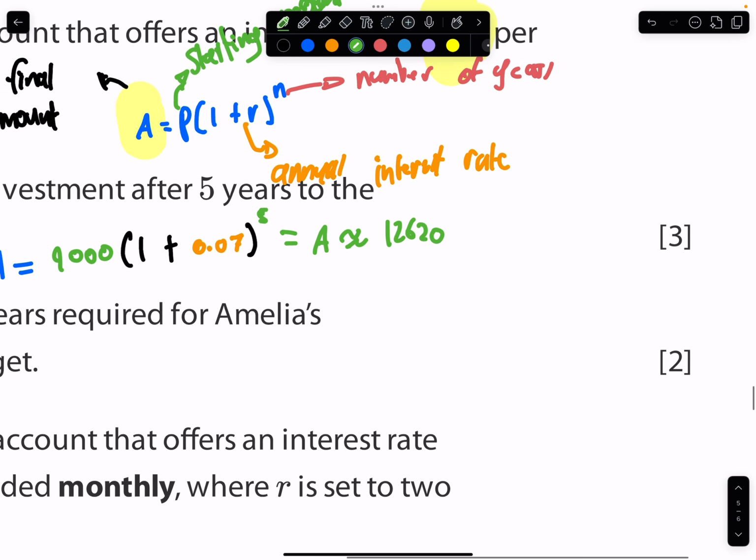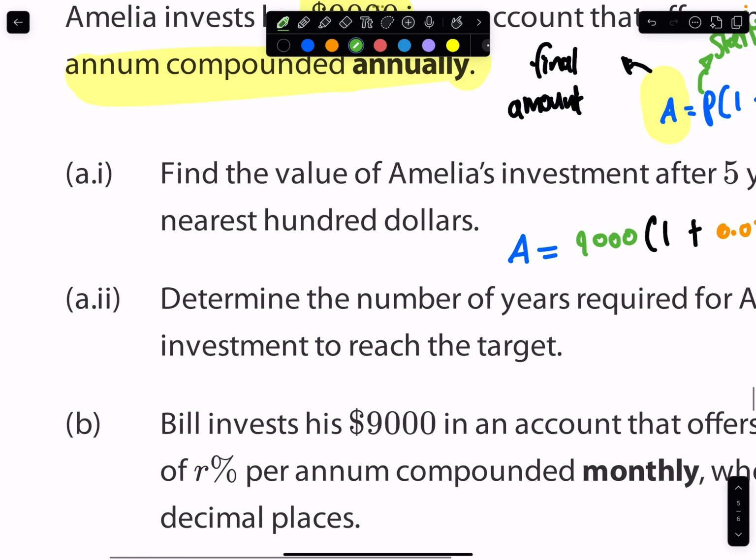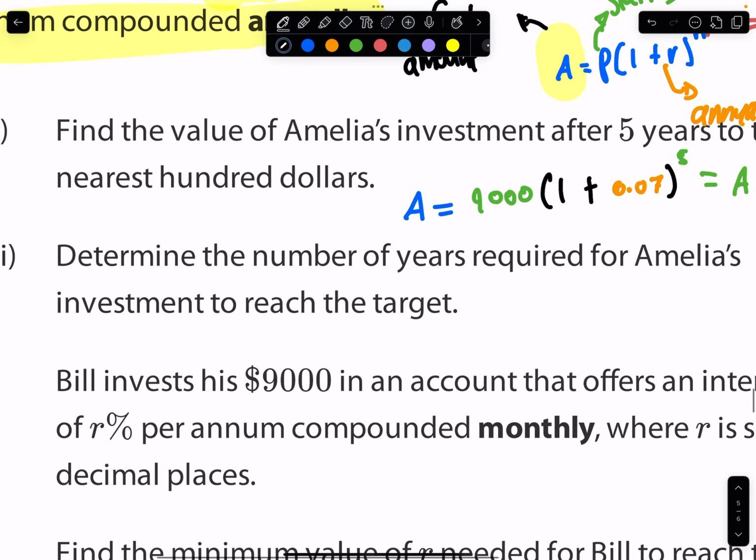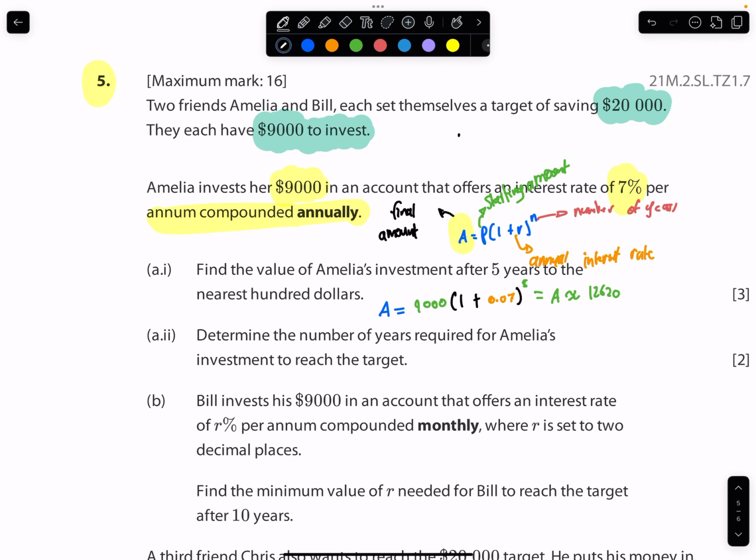Now, the second question for A, time to reach 20,000. Determine the number of years required for Amelia's investments to reach the target. Now we're trying to find the number of years.